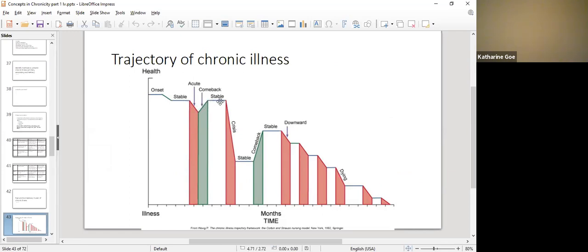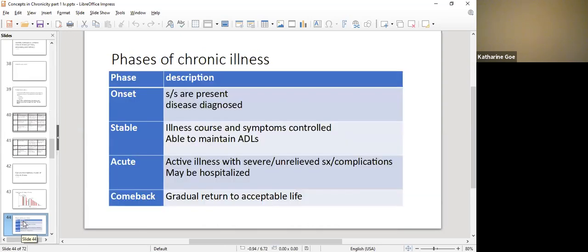A person will come back, they'll be stable for a while, they'll have another crisis, they'll be stable. So you can see it's kind of a stair-step trajectory where people stabilize, but they never come back to the prior level.